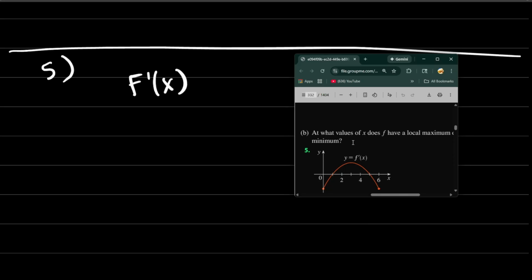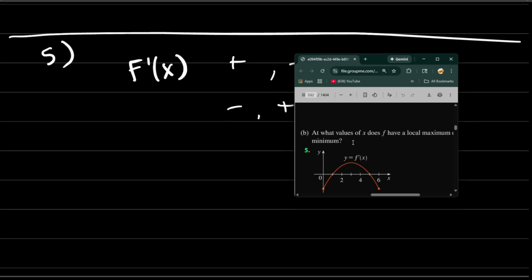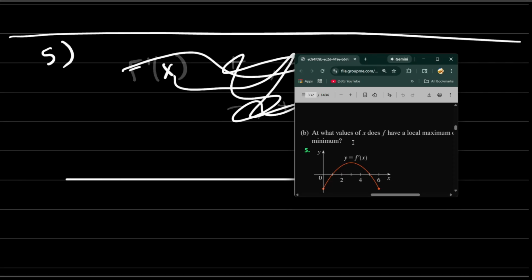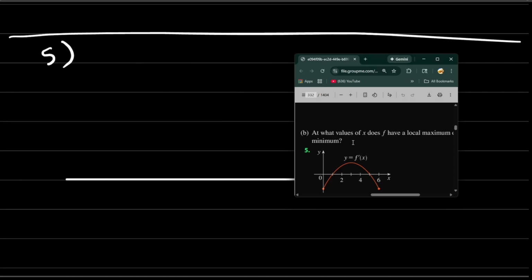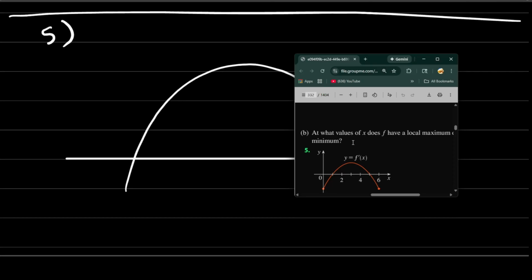All we need to see is when this graph goes from being positive to negative or negative to positive. You can see the graph goes like this, where if this is our x-axis, then this is our function, and we have points where this value goes from being negative, which remember, is referring to the change in x.